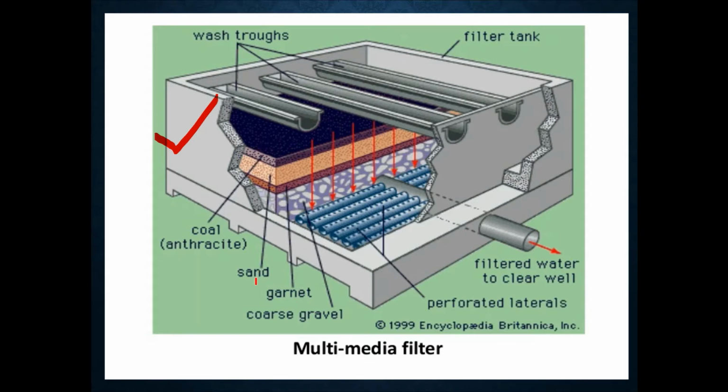Then here at the bottom, we will start from the bottom, the under drainage system. You can observe the smaller pipes placed on the left and right hand sides of the main central pipe.